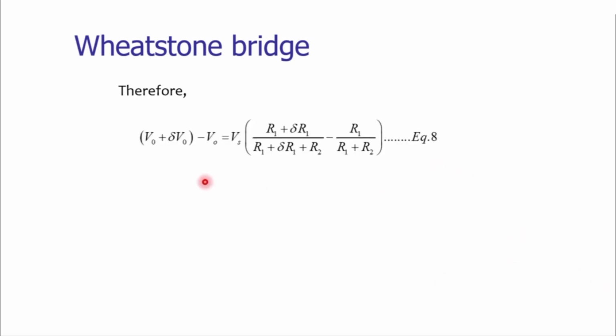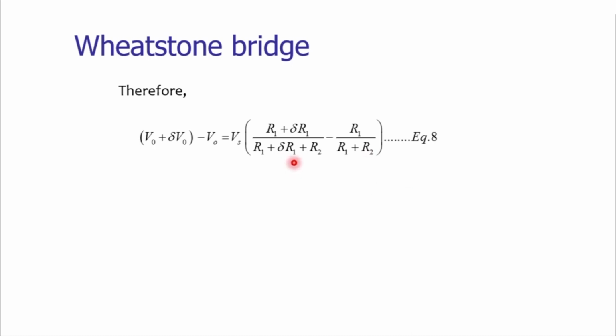So if I subtract equation 6 from equation 7, then I'm getting VO plus delta VO minus VO is equal to VS into this resistance correlation term.